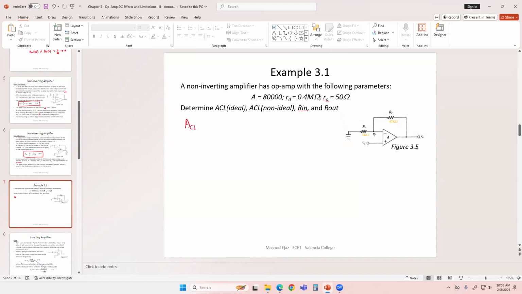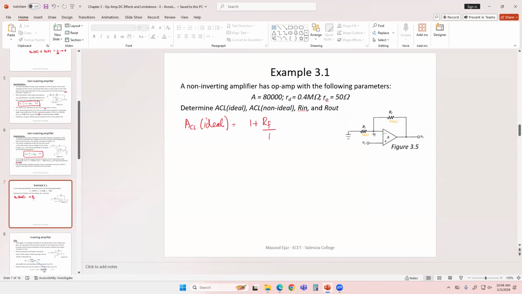ACL, first of all, ideal. All right, who is going to tell me what will be ACL ideal? What's the expression of ACL ideal for this? One plus RF over RI.